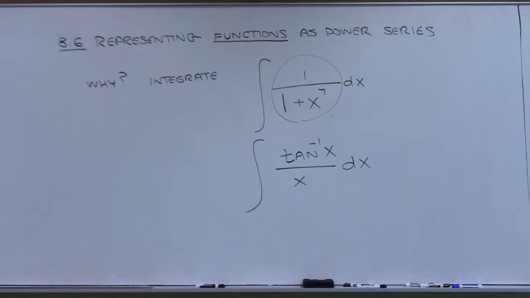Arctan x over x. Looks pretty harmless, right? Oh, okay. It did spit out an answer. The answer looks pretty clean, right? Can you all see it? That's the answer.